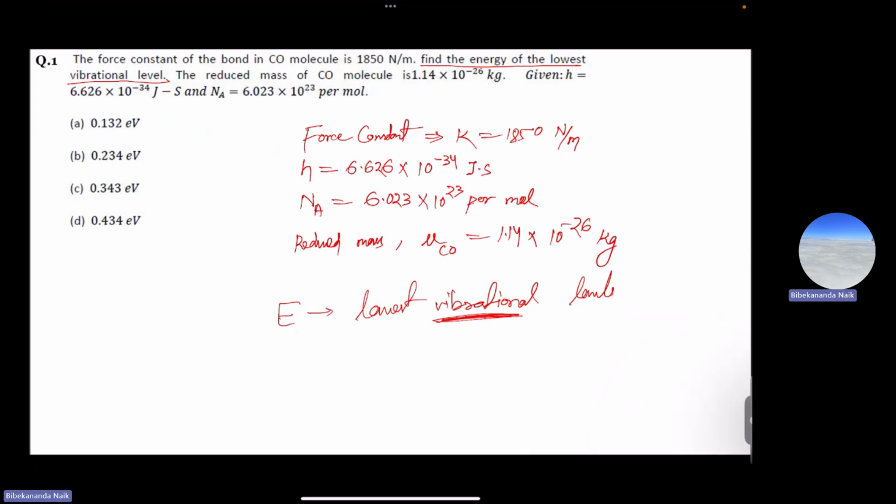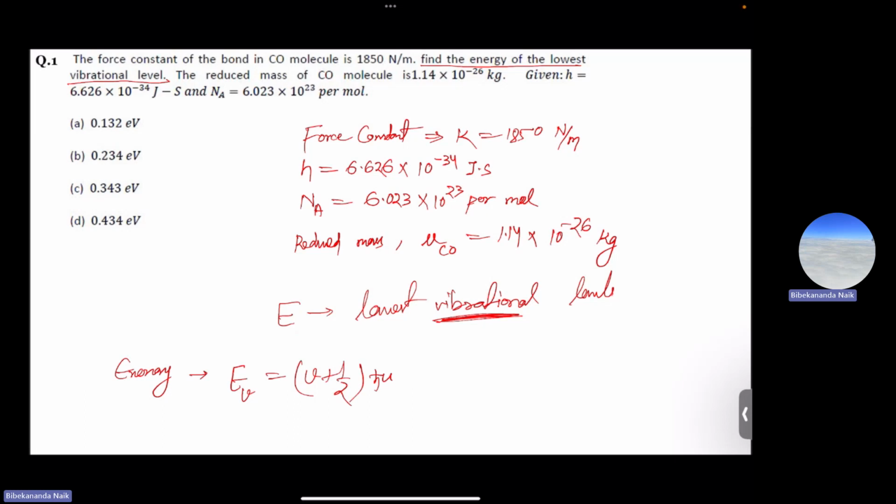So let's solve this question. Now we need to find the energy of the lowest vibrational level. We know the energy of a vibrational level having vibrational quantum number v is given by E_v equals (v plus half) h-bar omega.